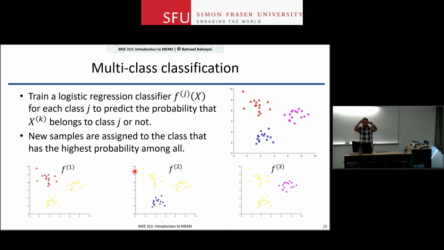So once you look at the probability of this classification, even among multiple classes, you can find the one that is most likely to be the right class. And then you can assign this unknown new data point to that class.